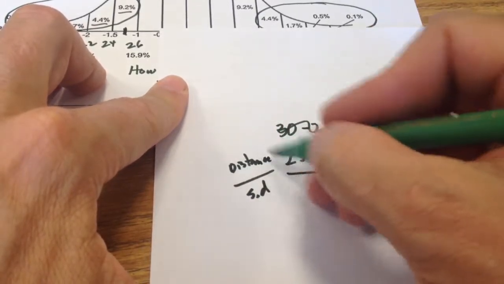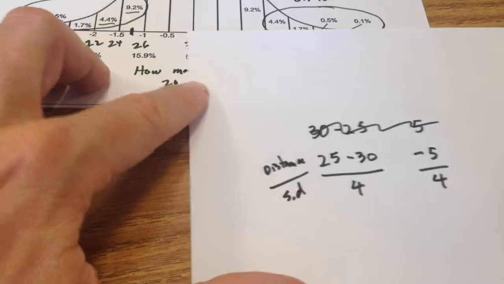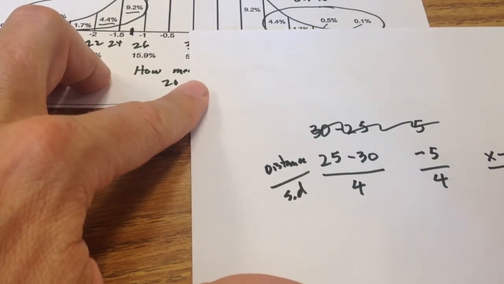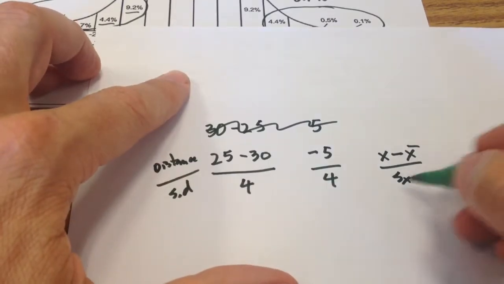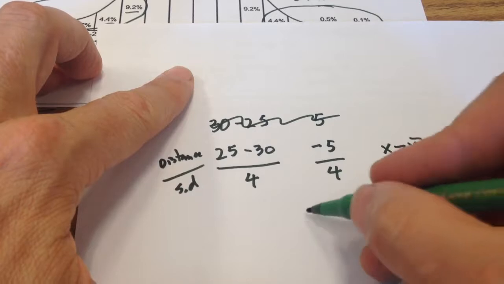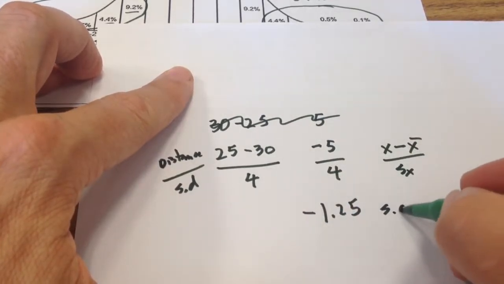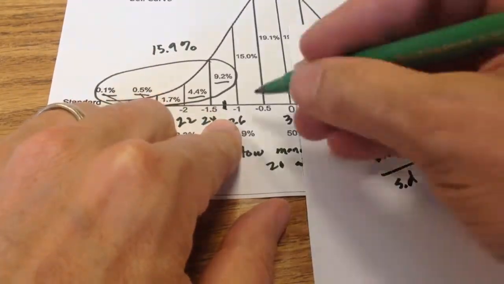Because this will break my distance into how many standard deviations. And usually this is written as x minus mean over either s of x or sigma. All right, so that's negative 1.25. That is an easy way to get the number of standard deviations away from the mean, which we kind of already knew.